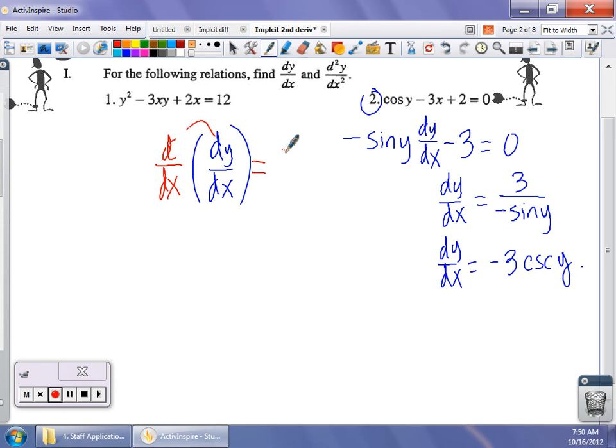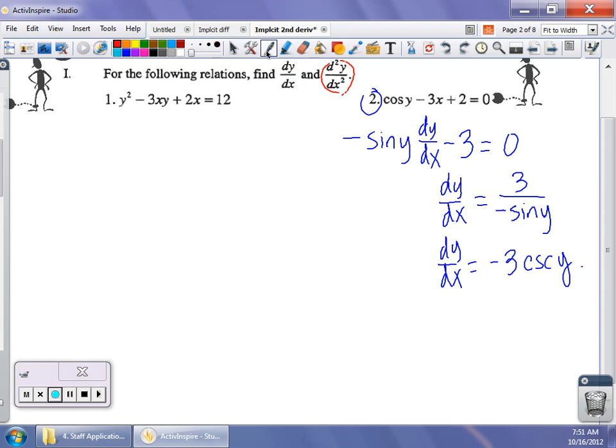Notice that we have d squared y over the quantity dx squared if you just multiply it straight across, and that's why the notation has the square on the d in the numerator and then the whole quantity in the denominator. But nonetheless, our job here is to find the second derivative.